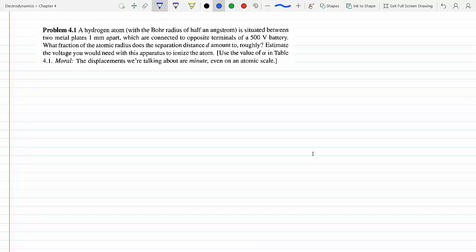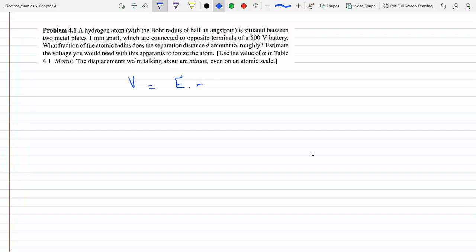Okay, so we know that V is equal to the integral of E dot dl, right? But since this is linear, this just becomes EL, with L being the thickness. So if one of the plates is at the reference of 0, the other one would be at V, 500 volts.